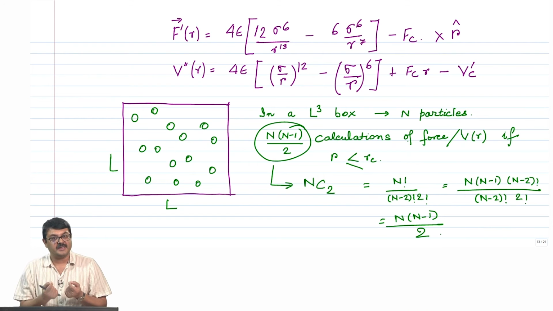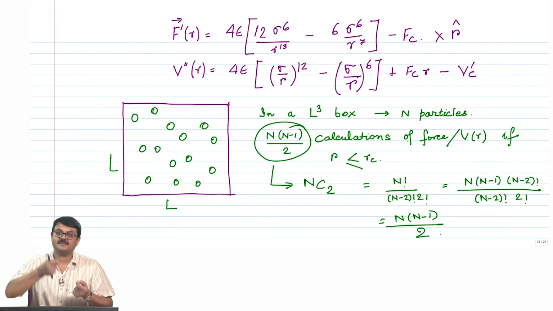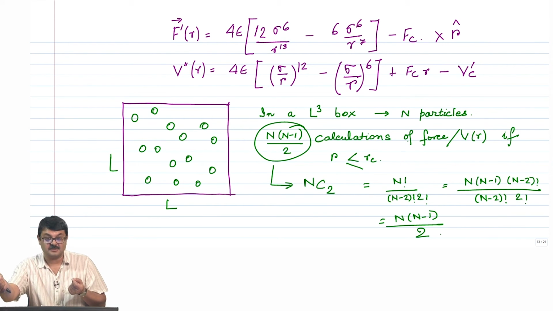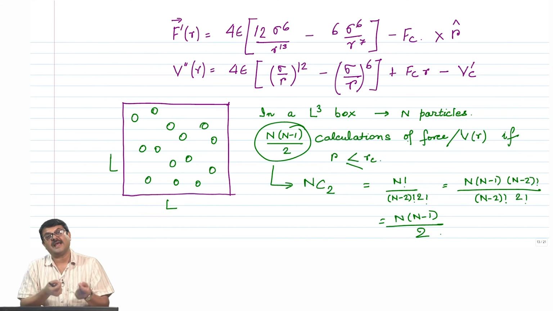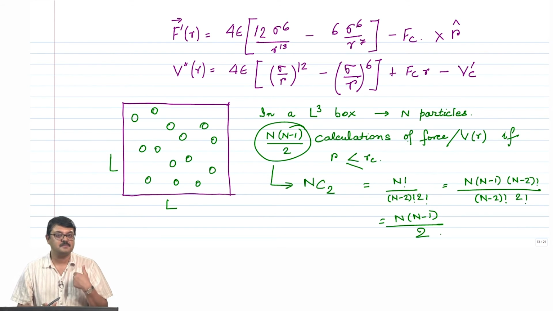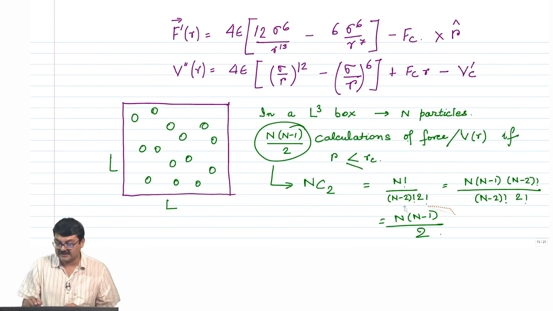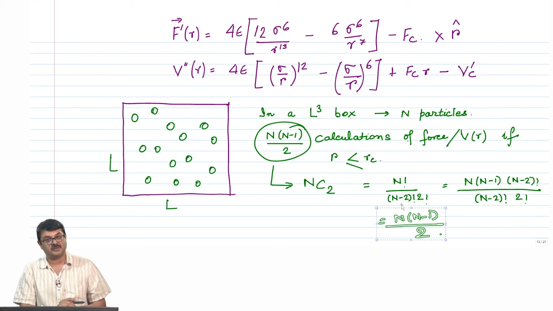So, there is a pairwise interaction, every particle is interacting with every other particle, even if its interaction be 0, then you do not need to calculate the expression for the force. And there are NC2, C being the combinatorial symbol, NC2 ways of choosing a pair of particles from N particles, and NC2 is nothing but N factorial upon (N-2) factorial times 2 factorial, and that you can easily check is nothing but N(N-1)/2, right.